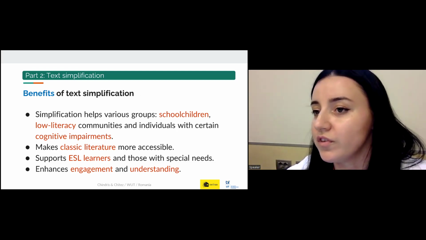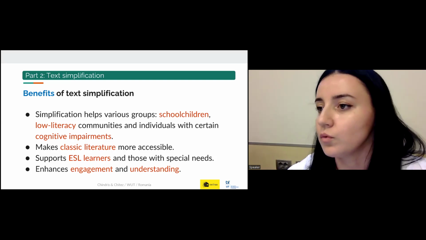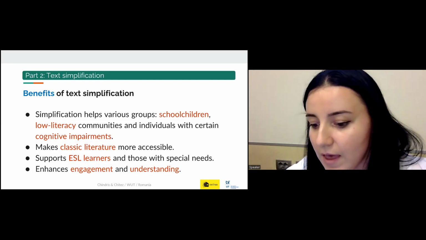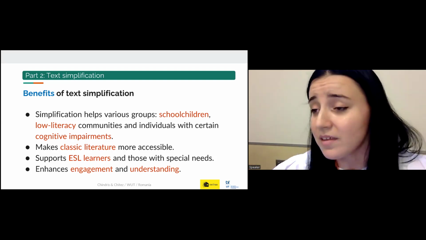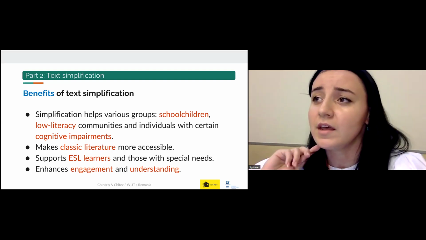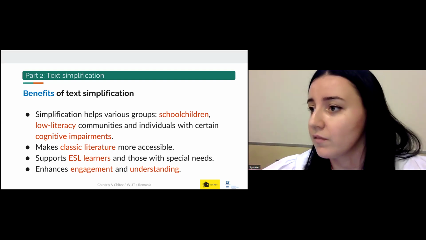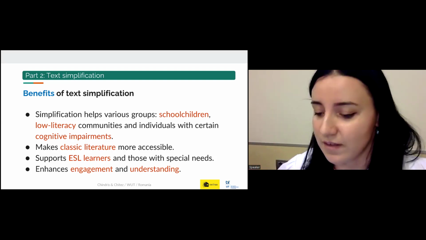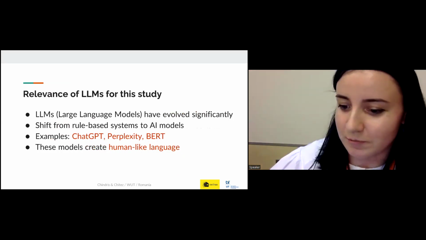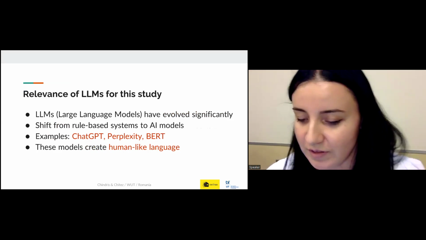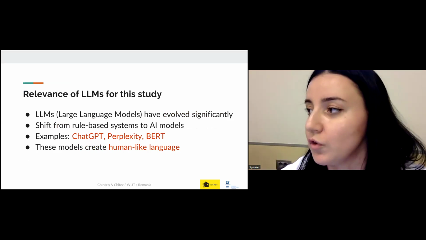It also supports ESL learners and those with special needs, and enhances engagement and understanding, because text simplification can be done via images, via videos, and you will see an example. I need to cover some more things, and you will see simplification using images.